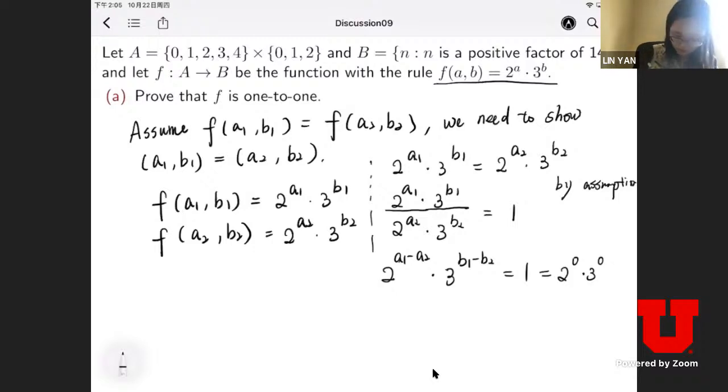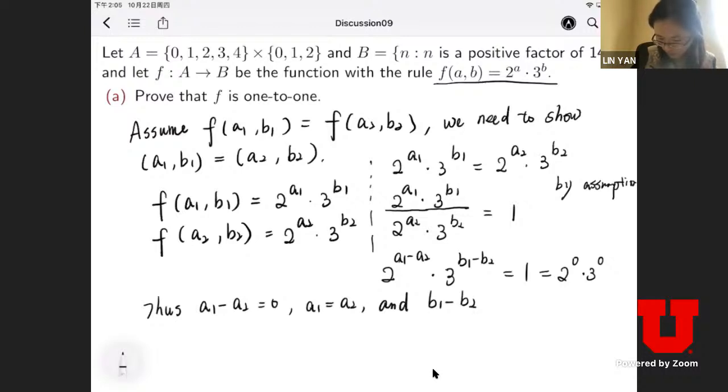Now we can get a1 minus a2 is equal to 0, so a1 is equal to a2, and b1 minus b2 is equal to 0, so b1 is equal to b2.